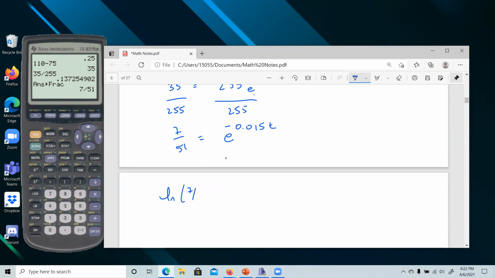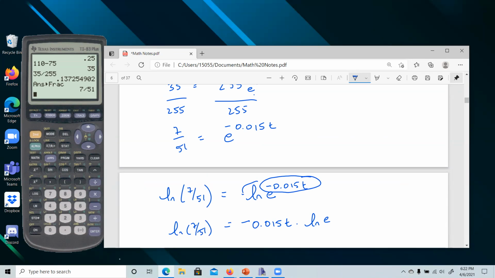So we have natural log of 7/51 is equal to the natural log of e to the negative 0.015t. We're going to pull this down in front. We have negative 0.015t times the natural log of e is equal to the natural log of 7/51.